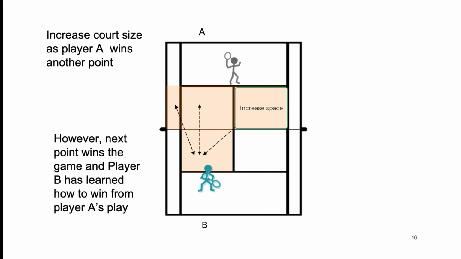However, if player A won again, then the other service box could be added and the players could play the game once more. Eventually, player B would learn to tactically use the increased width of the space to beat their opponent, who is being challenged to defend the space despite their initial superior ability.